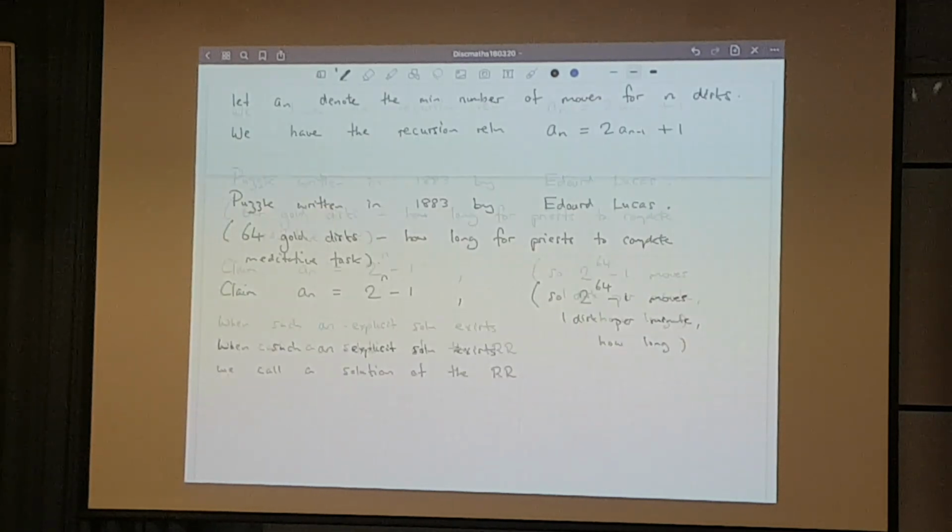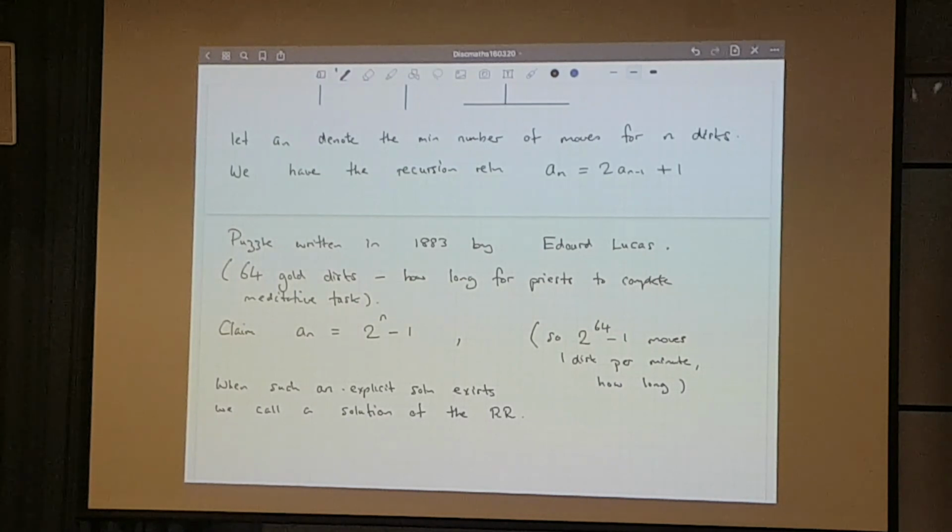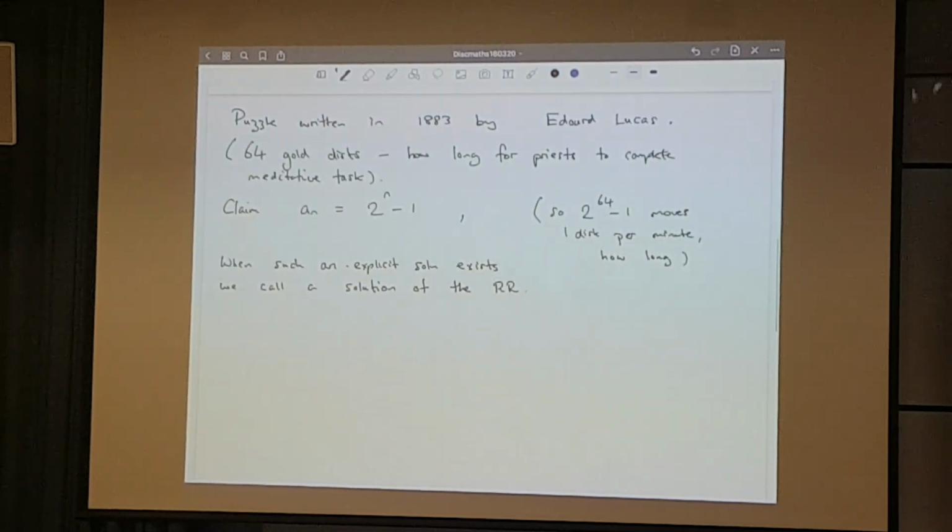To check it's a solution, you bung it into the equation and check the left-hand side is equal to the right-hand side. So let's think about the right-hand side of the equation: 2an minus 1, plus 1. So let's check.